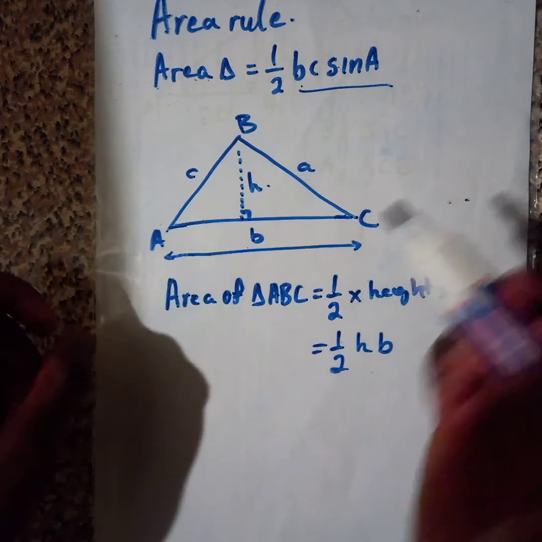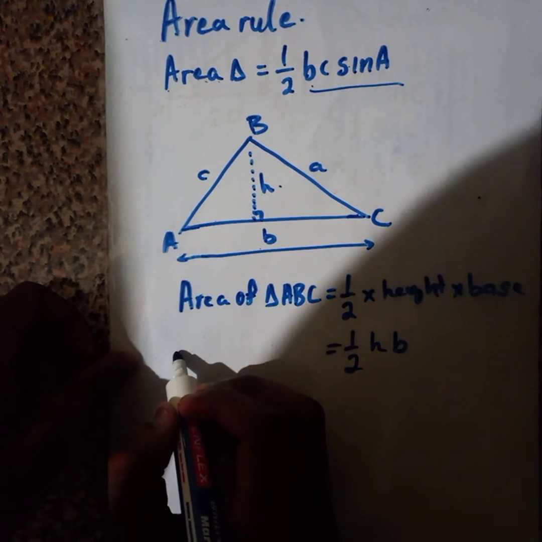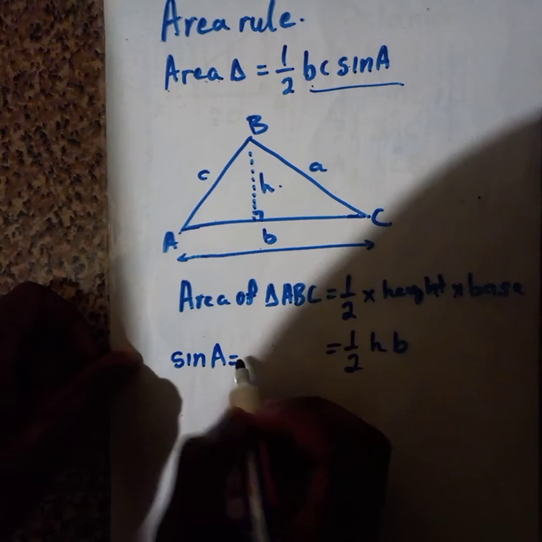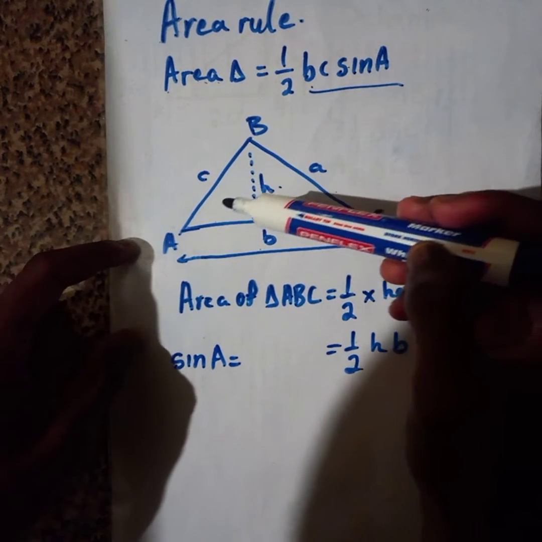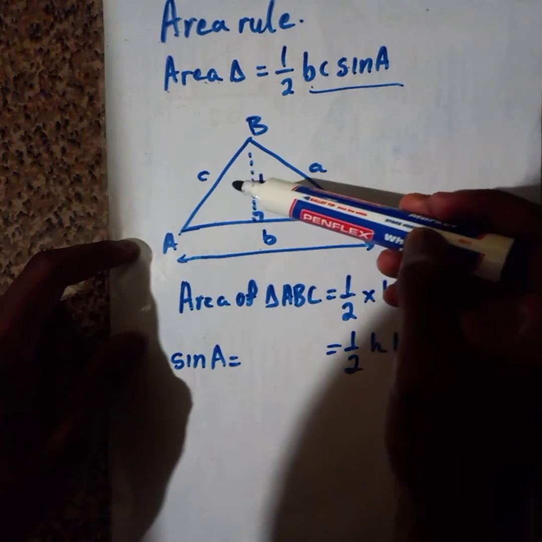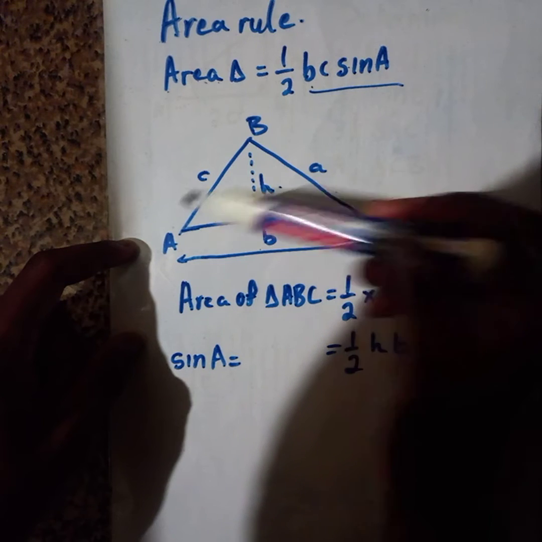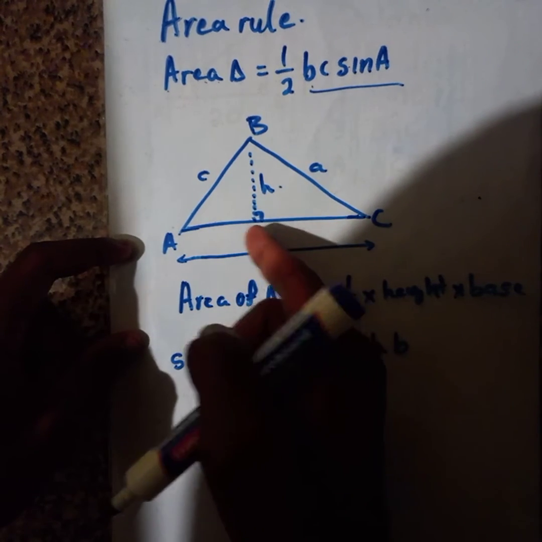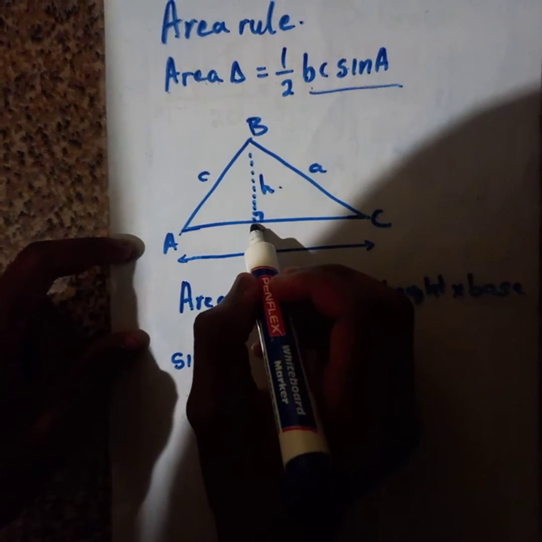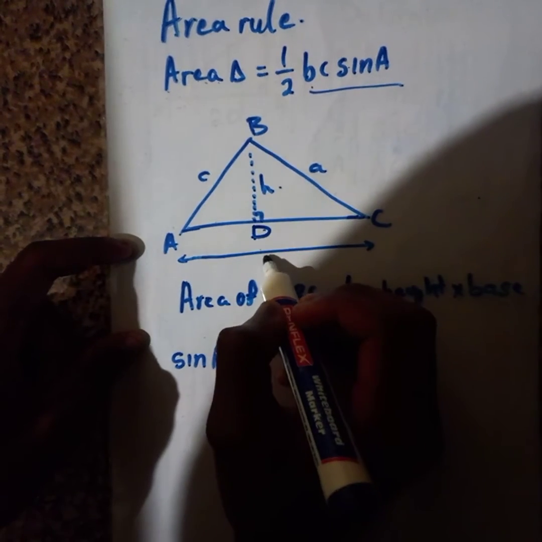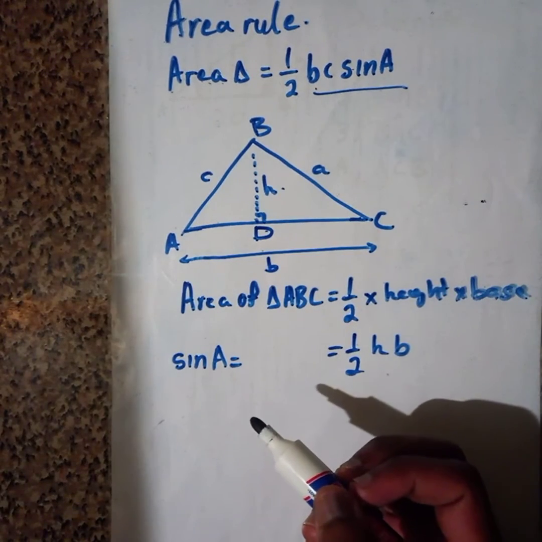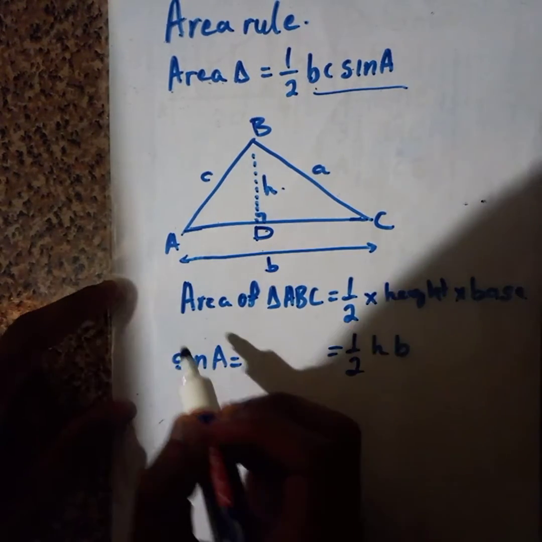That's where we are going to take the sine of A. I should have added another point D to make it much easier for us to understand.